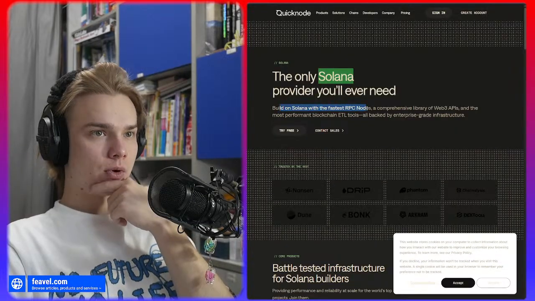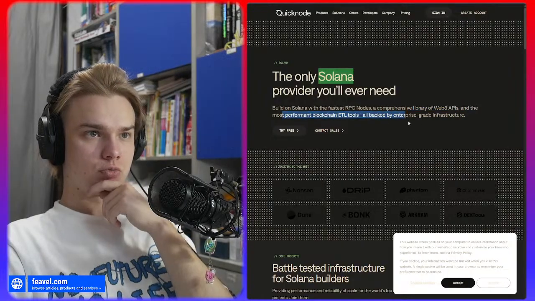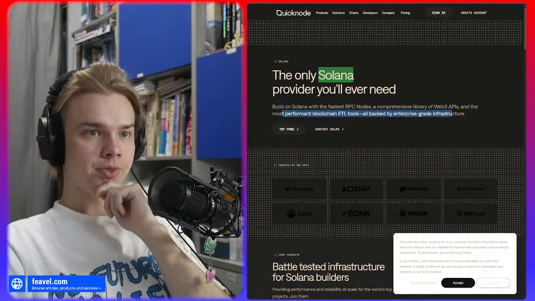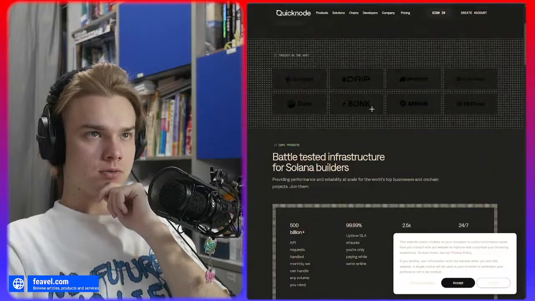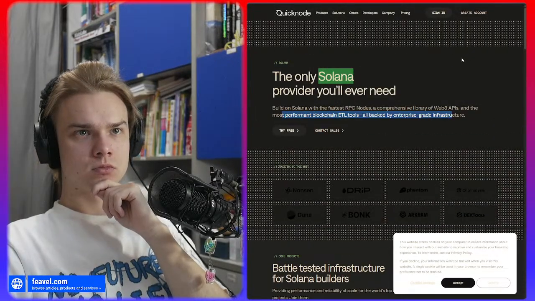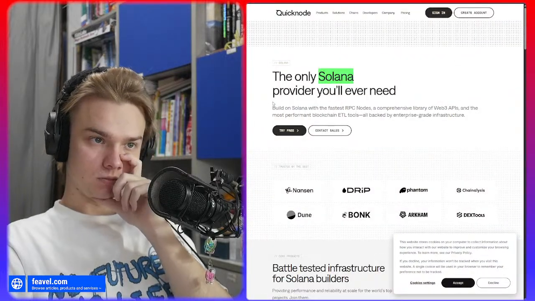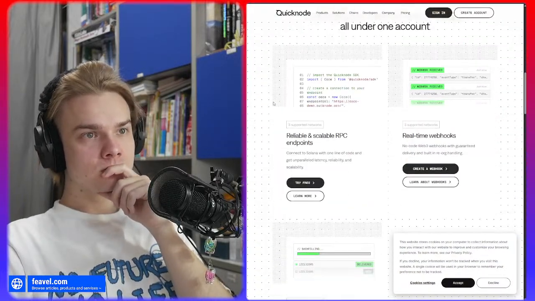Build on Solana with the fastest RPC nodes, a comparative library for Web3 APIs, and the most performant blockchain Ethereum tools. Hmm.